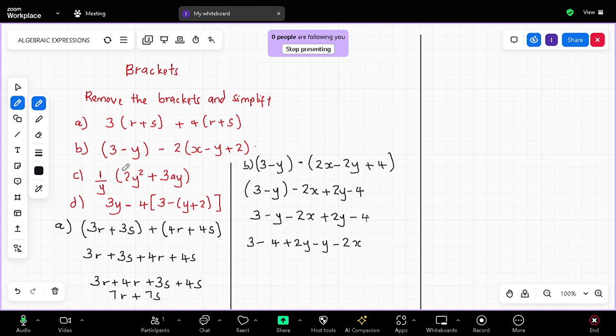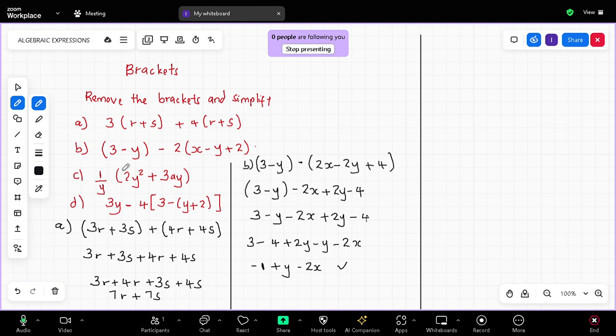So 3 minus 4 is negative 1. Then 2y minus y is y, minus 2x. That's the answer for part B. So it is just procedural.